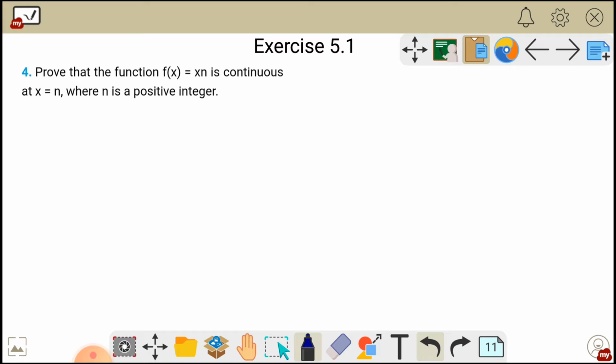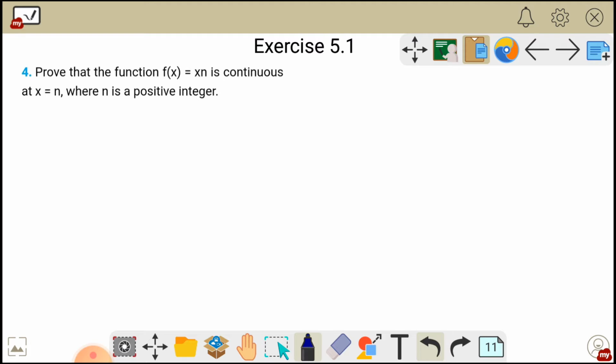So, the fourth question is: prove that the function f of x is equal to x raised to the power n is continuous at x is equal to n, where n is a positive integer.